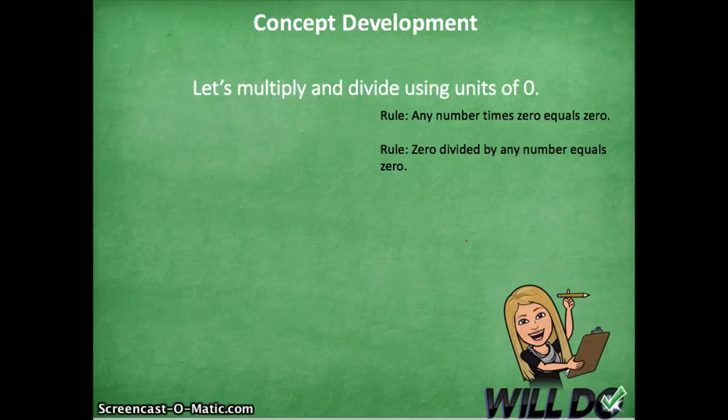All right, now we're going to write a new fact. Write the equation to show 7 things divided into 0 groups equals n. So we're going to write that now. What is the related multiplication fact?